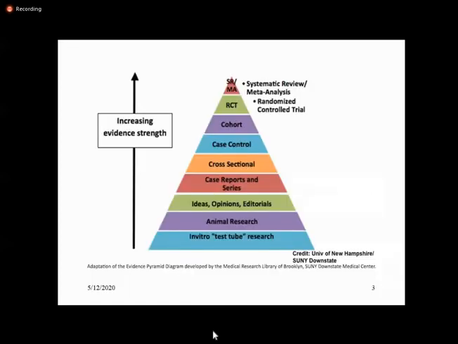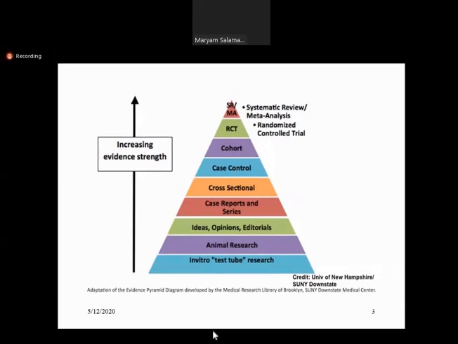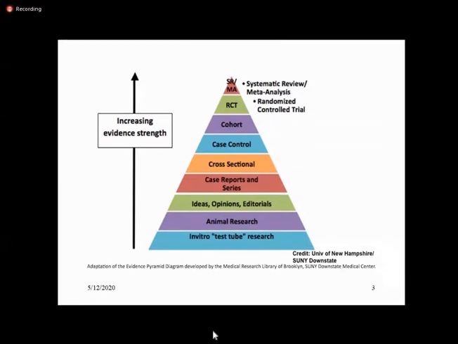See, this is a pyramid. It shows that every study design has its own weightage. The descriptive has less weightage than the observational, and the observational has less weightage than the experimental.